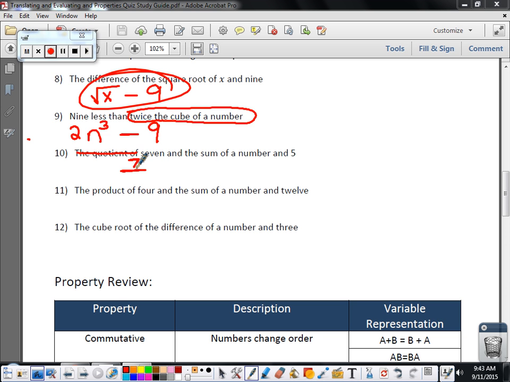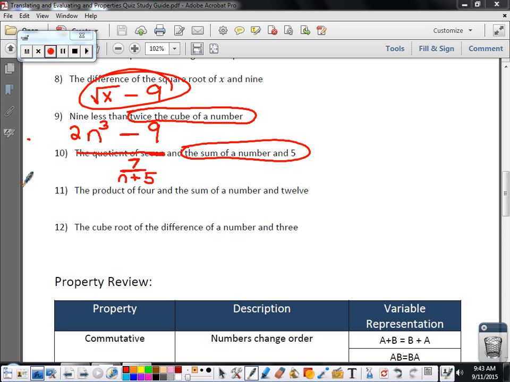Boom. Quotient of 7. Okay, and then the and, that's connecting my quotient. So what goes in the denominator? What does it say? The sum. What does sum mean? Addition. The sum of what? A number and 5. Good? Very good. You guys are doing a great job with these.